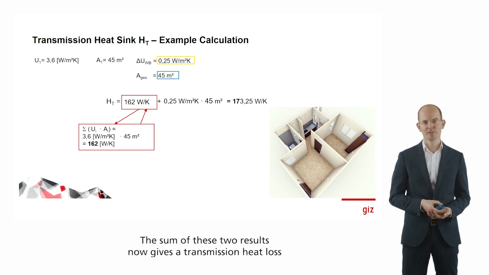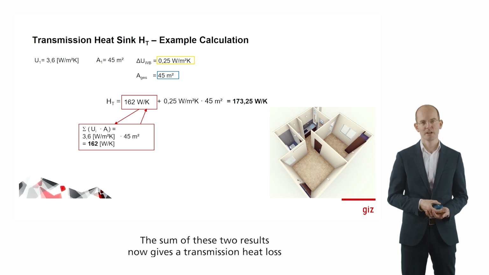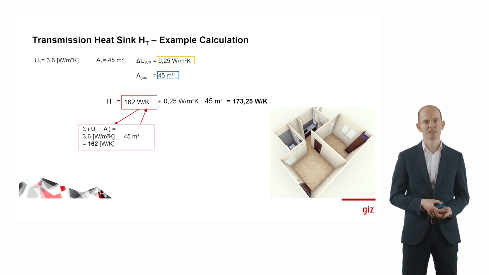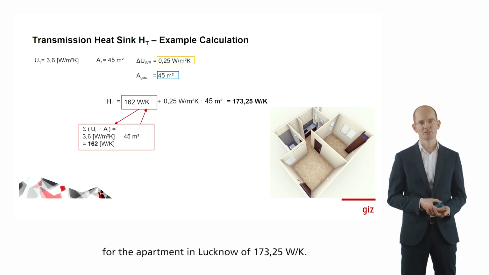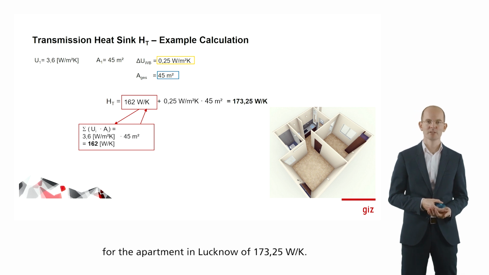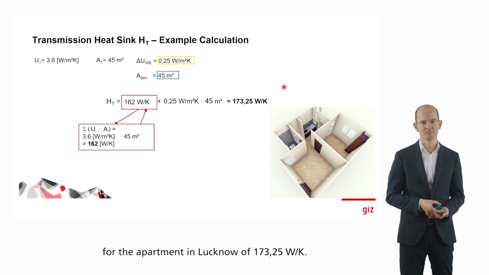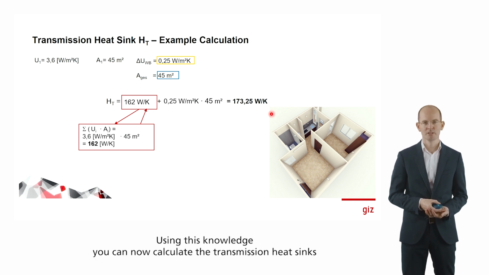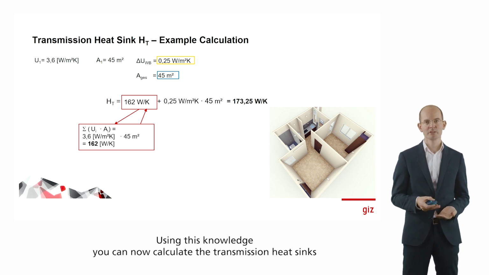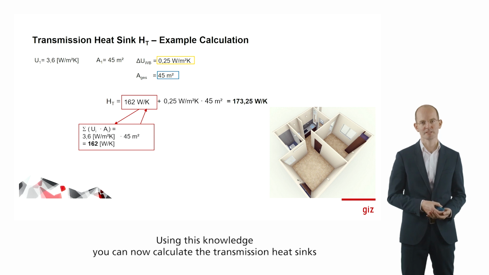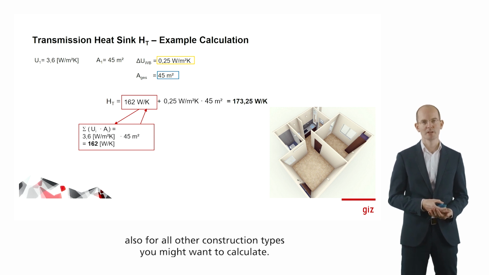The sum of these 2 results now gives a transmission heat loss for the apartment in Lucknow of 137.25 watts per Kelvin. Using this knowledge, you can now calculate the transmission heat sinks, also for all other construction types you might want to calculate.